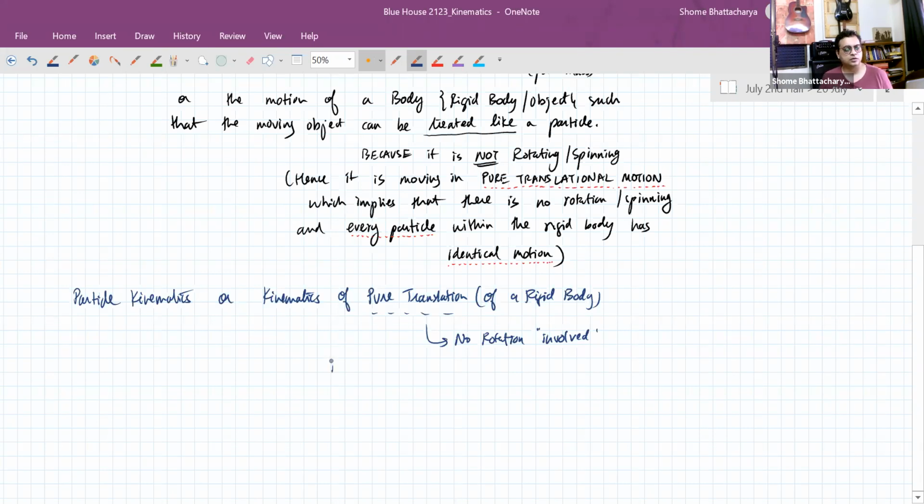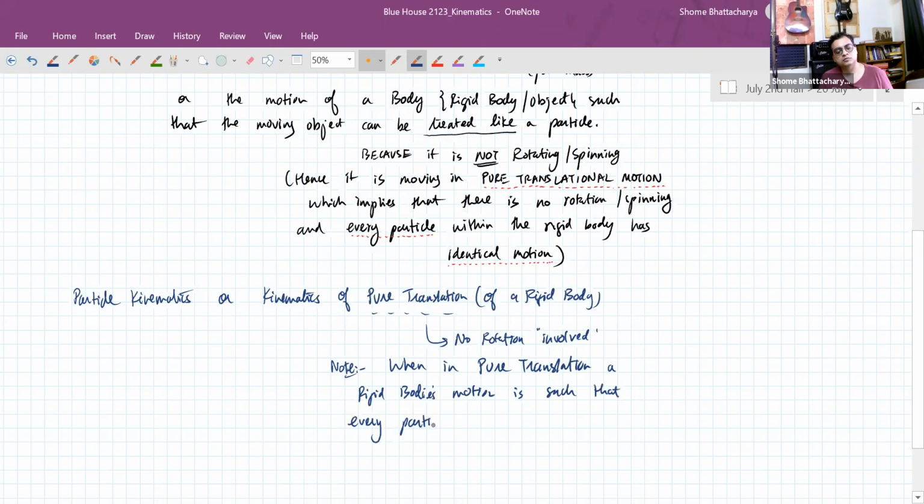So when in pure translation, a rigid body, or you can say a rigid body's motion is such that every particle within it is moving identically.